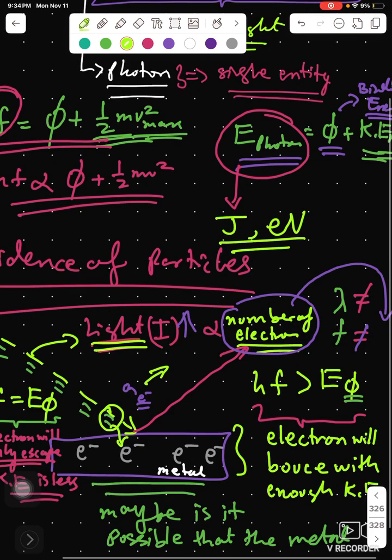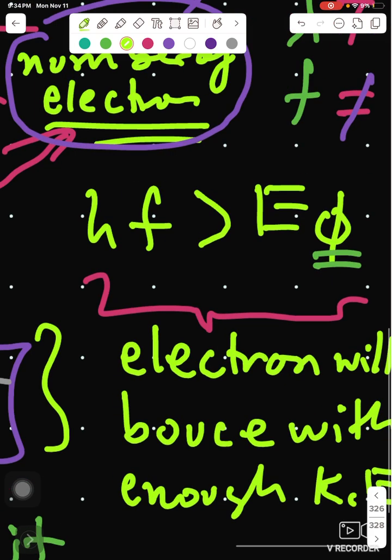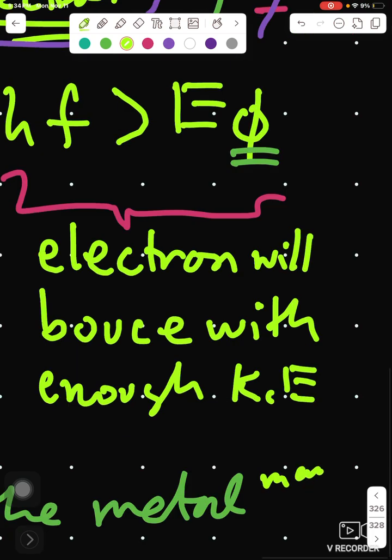Is it possible that we may run out of electrons, that the metal may run out of electrons?